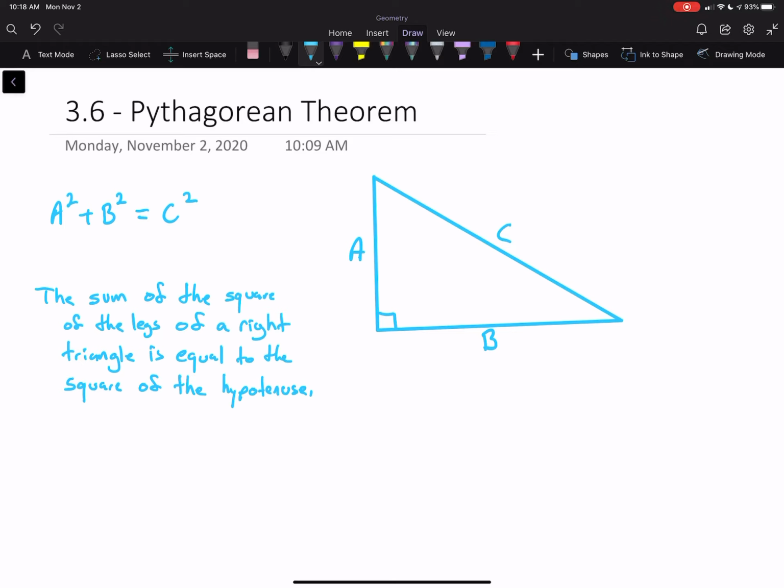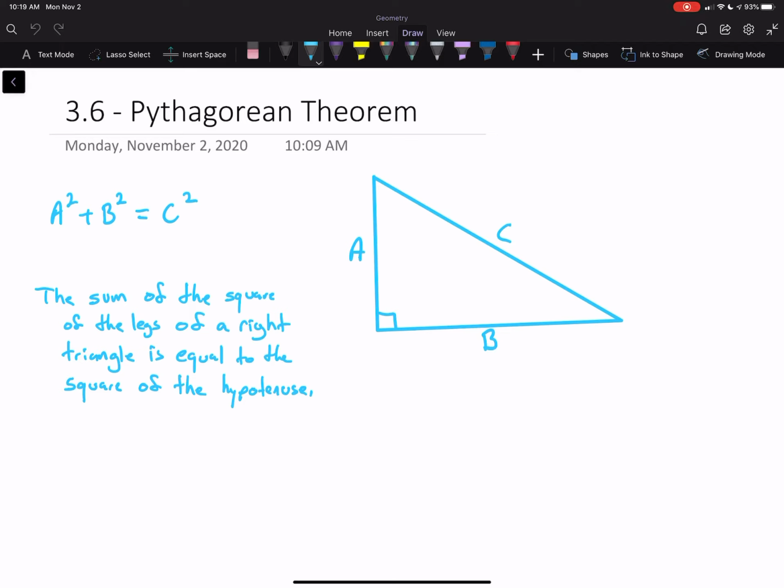Now we can use this in lots of ways, and we'll use this in some real world applications later, but today we're going to use it to solve some problems where we're simply trying to find a missing side of the triangle. The only thing you're going to need to know is that the opposite of squaring a number is the square root of a number.